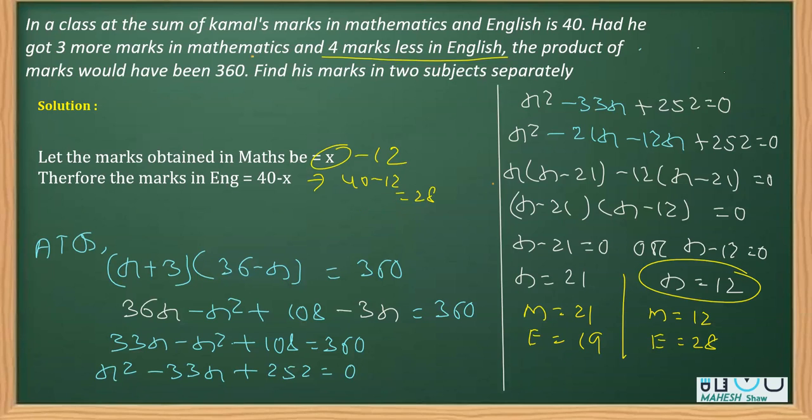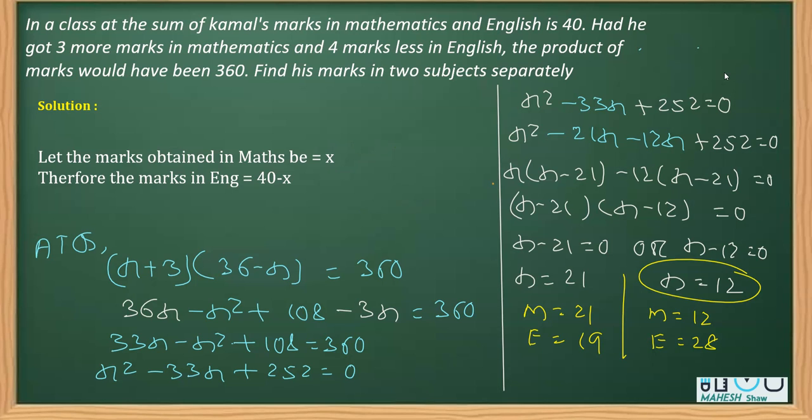Now let's read this question. Are there any values that can be discarded? Nowhere is it given. It's just one piece of information that the sum has to be 40, right? And 3 marks more. There's no value that can be discarded.